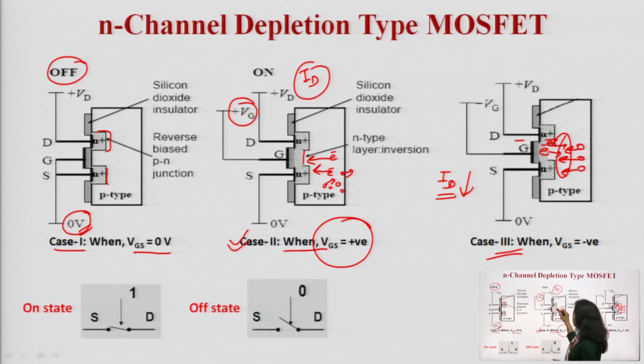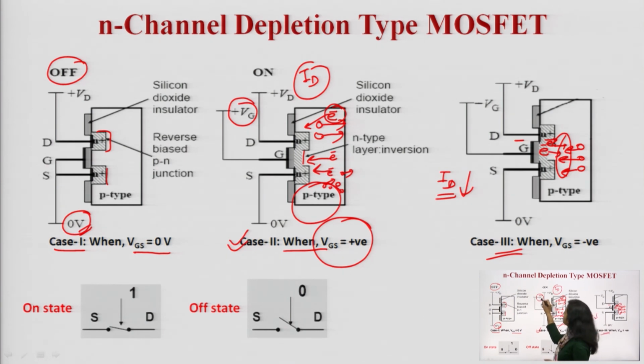But in the p-type substrate, the majority charge carriers are holes and the minority charge carriers are electrons. Some minority charge carriers exist in the p-type semiconductor, and because of the applied positive voltage, these electrons will be attracted towards the gate and contribute in the conduction process.